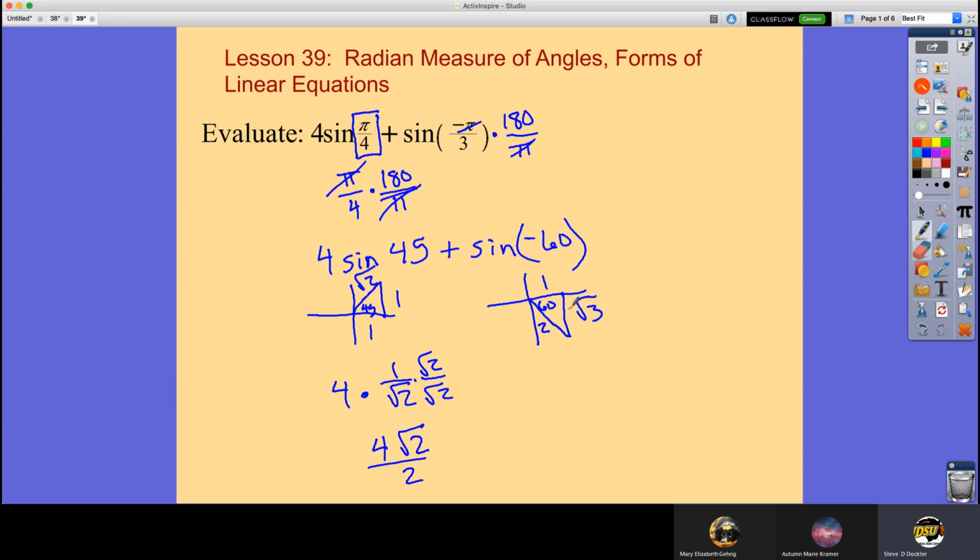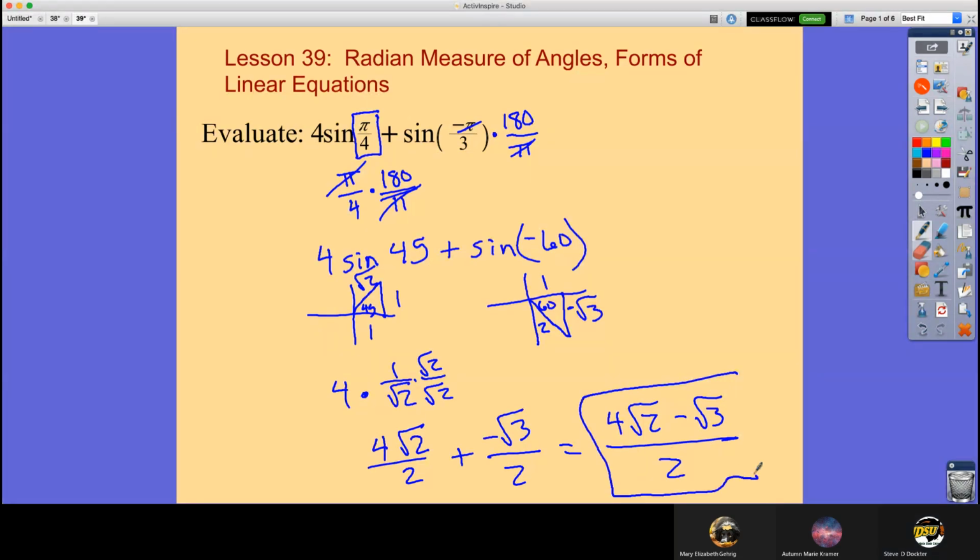No, we've got to have a negative here. So sine of that would be negative square root of 3 over 2. And then we've got common denominators here, so we can just put them together. 4 square root of 2 minus square root of 3 over 2.